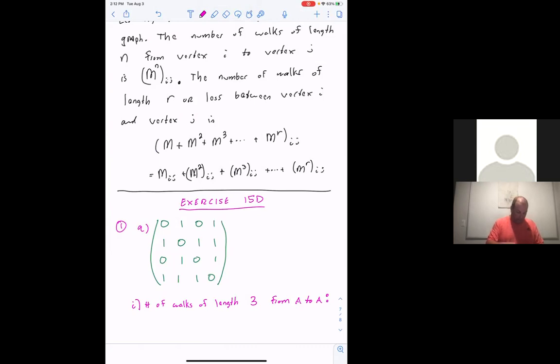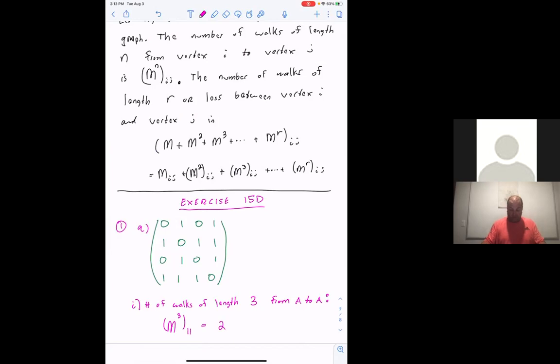And then I'm going to take that matrix to the 3rd power. We'll call it matrix M. Matrix M cubed sub 1, 1 is equal to 2. So there are 2 walks of length 3.